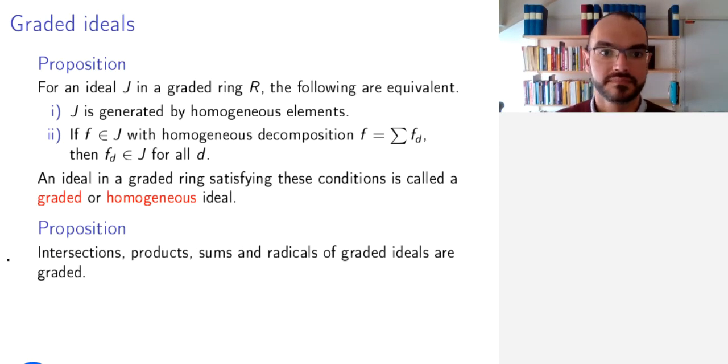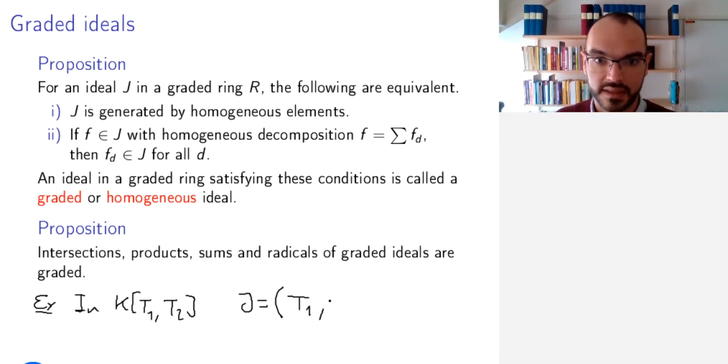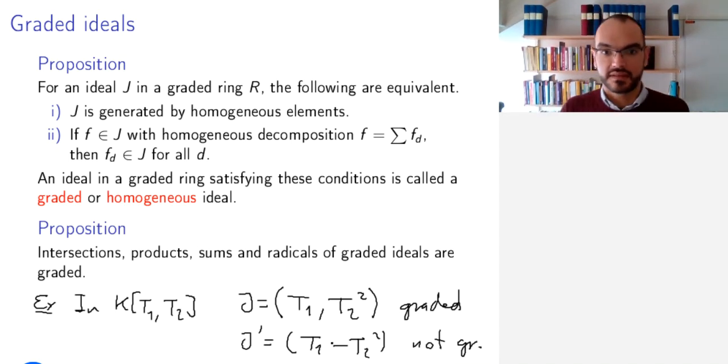So, for example, in K[T1, T2], the ideal generated by, say, T1 and T2 squared is graded because it's generated by homogeneous polynomials, but the ideal, say, J' generated by T1 minus T2 squared is not graded because it doesn't contain T1 and minus T2 squared, which are the homogeneous components of this polynomial.